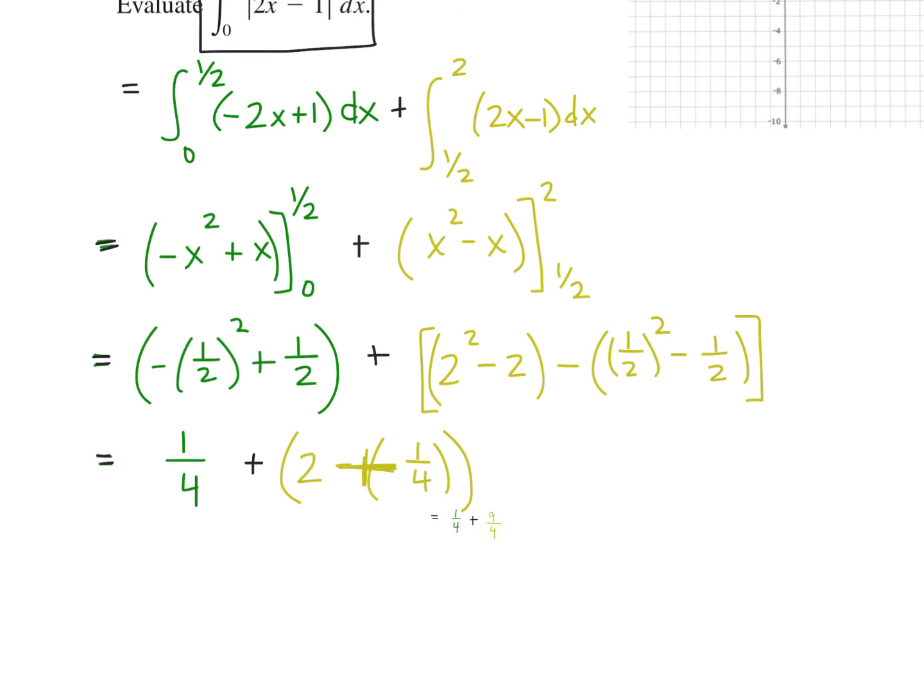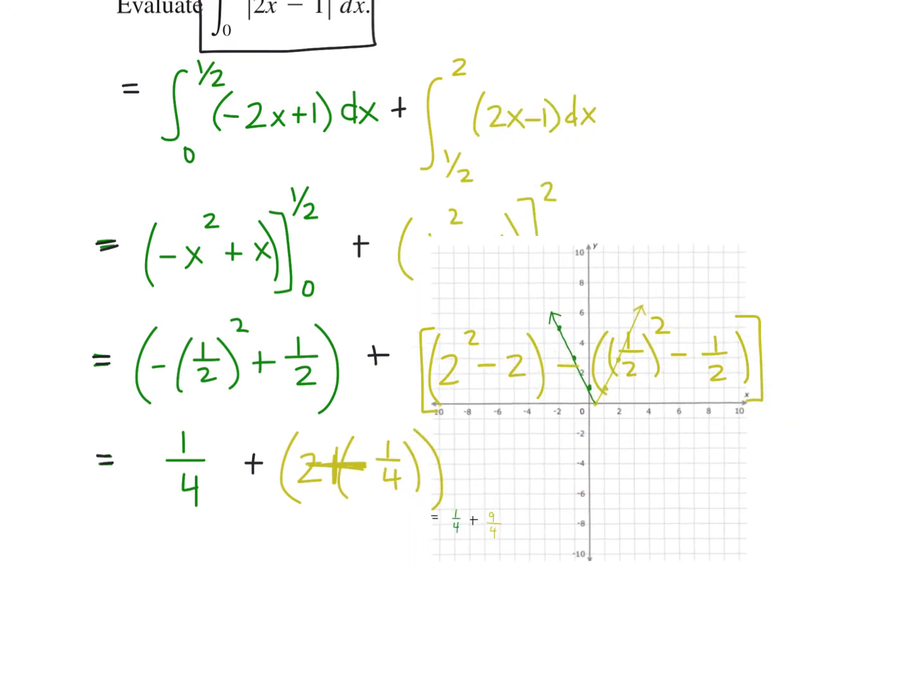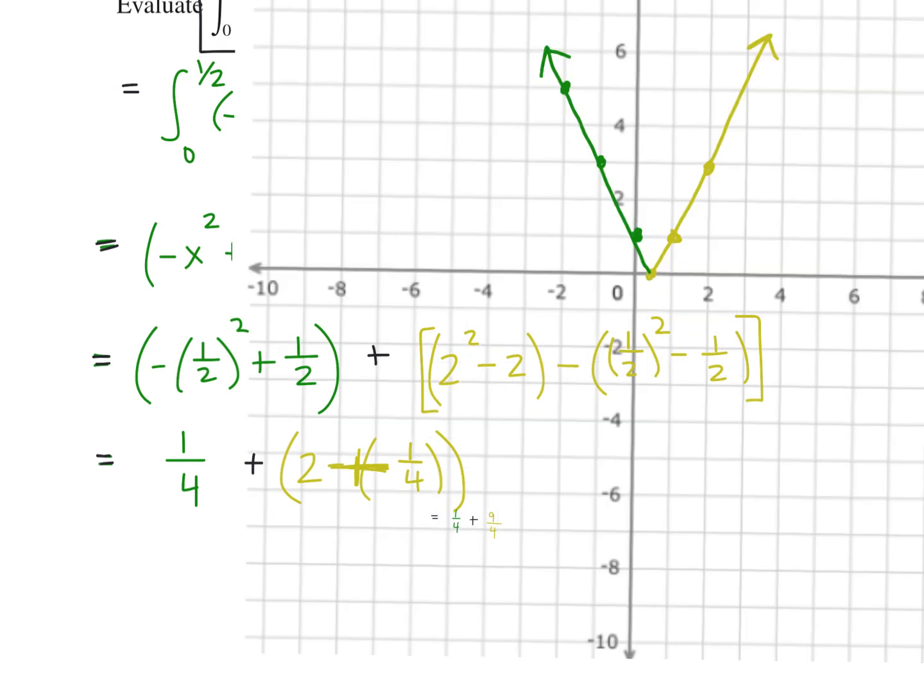Of course, we can see what our final answer is, but let's take a look back at the visual representation of this. Looking at the visual representation, the area of this tiny piece under the curve from 0 to 1/2 was only 1/4 of a square unit. And then the area of this part from 1/2 to 2 under our curve was 9/4. So we could have gotten that either from geometry or using the first fundamental theorem of calculus.